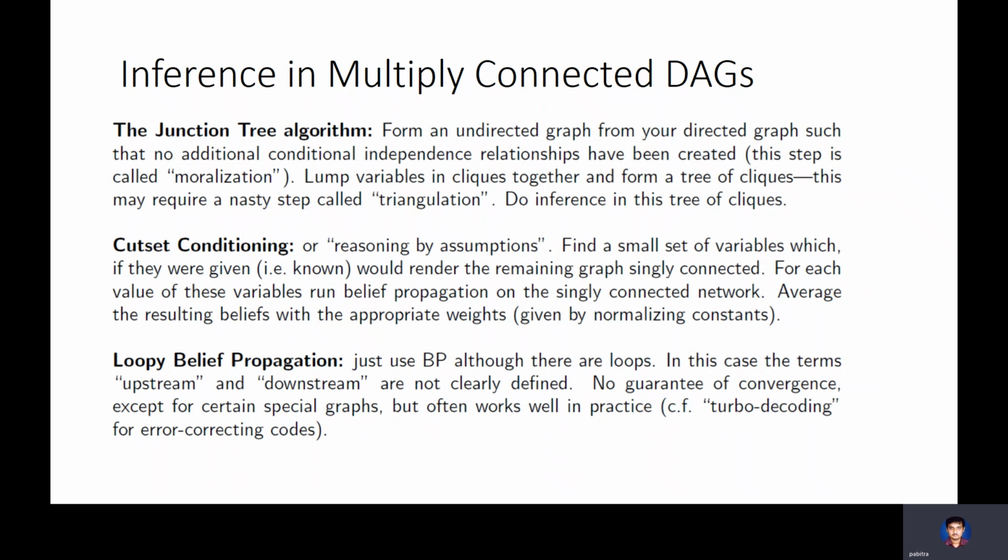So if some variable is binary, you do this twice and take the average of the joint probability over these two attempts. Usually this cut set should be small. You should be able to identify, which is again a property of real graphs, that they usually have a small cut set, which if you remove it becomes a tree.